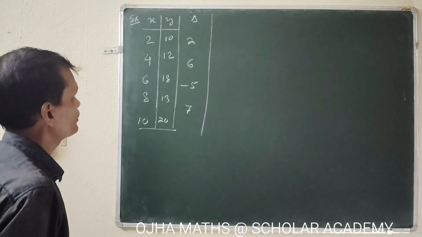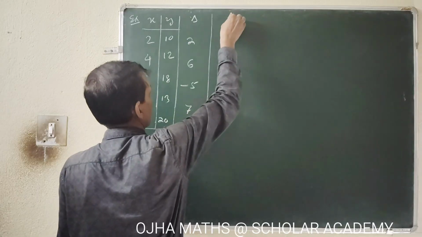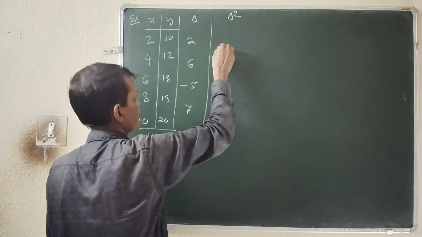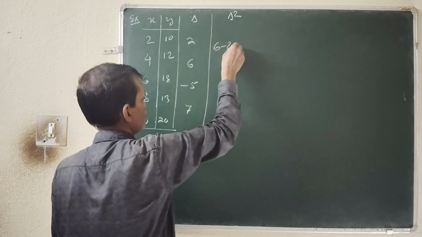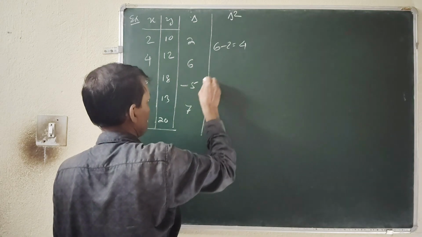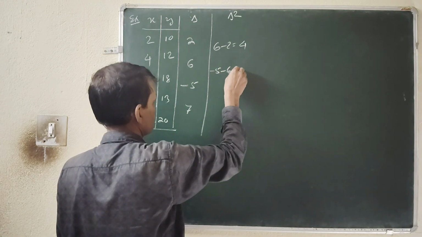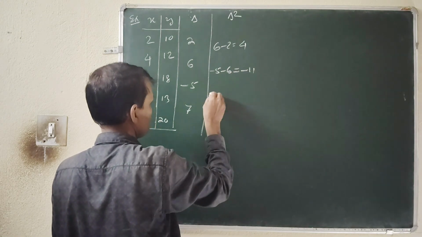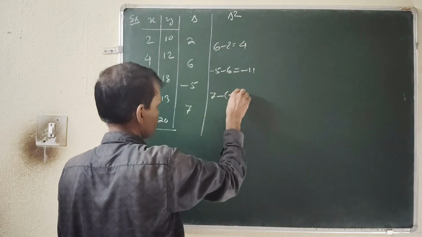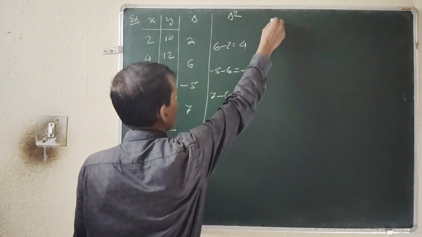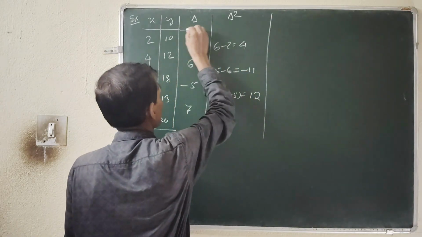Clear? Then we write the second order. 6 minus 2 is 4. Minus 5 minus 6 is minus 11. 7 minus of minus 5 is 12. This is our second order.